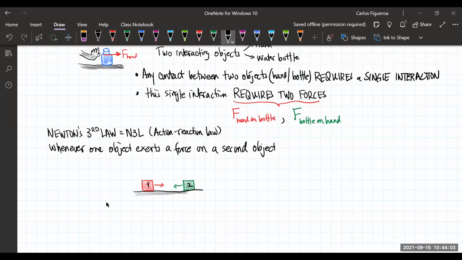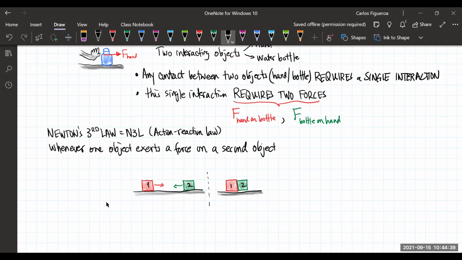These two objects are going to interact. Whenever one object exerts a force on the other, so now these blocks collide. Now we have 1, we have 2, and they're interacting.